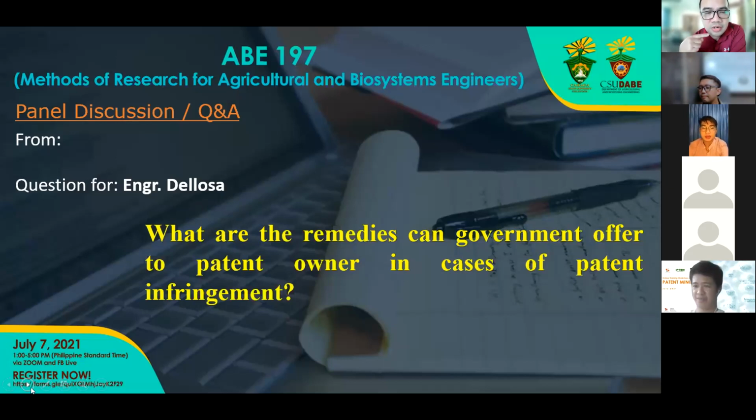They would agree on a certain amount based on the value of the damages incurred in infringing the product. If they reach a settlement, then the other party will have to pay for it. So IPOPHL will try to address this problem before both parties go to court, because we know that going to court is very expensive.